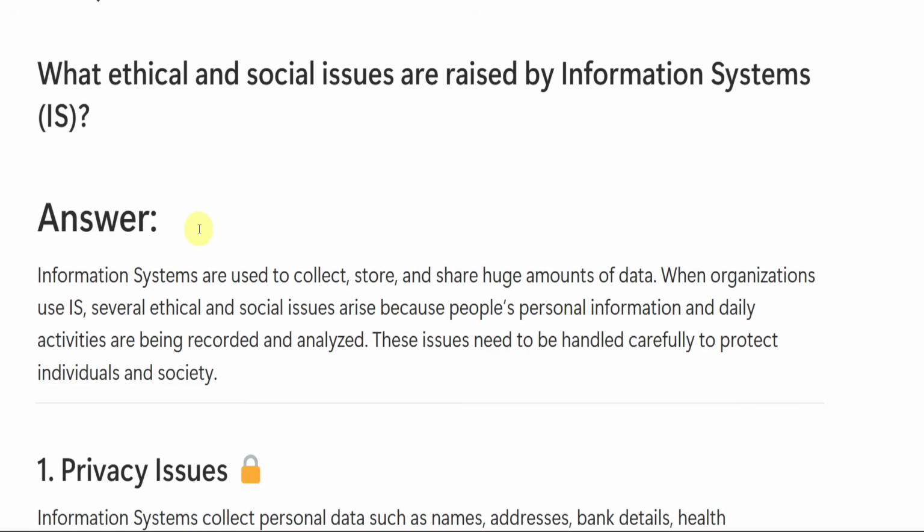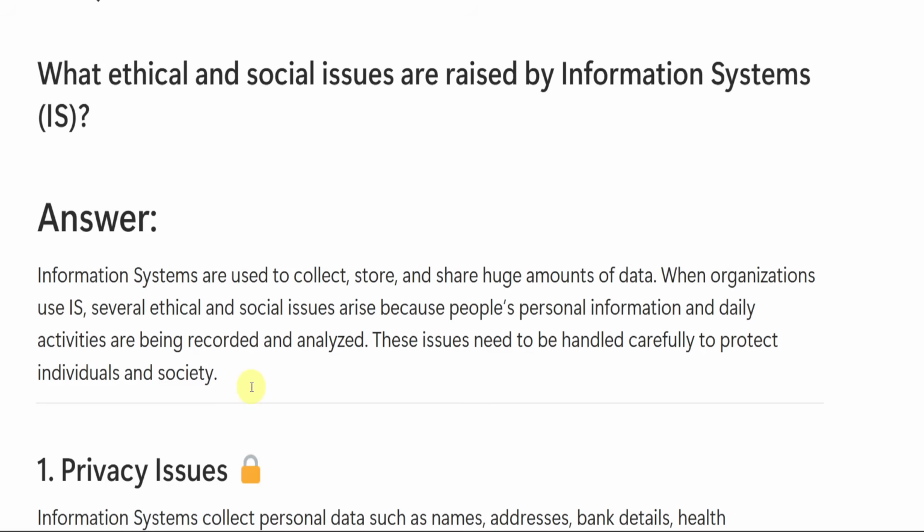Examples are a school attendance system, a hospital patient system, a bank database, an online shopping app. Here the complete data will be collected, stored and shared, right? So to collect, store, process and share the data, we use information systems.